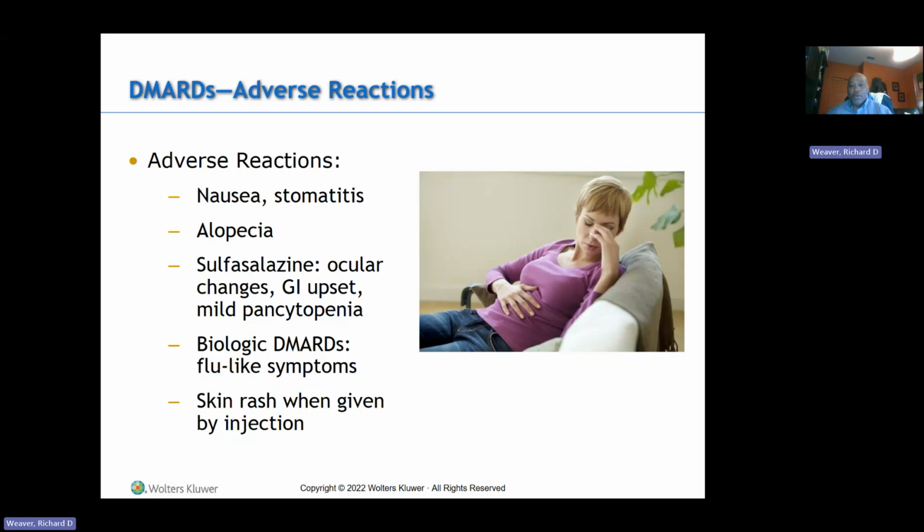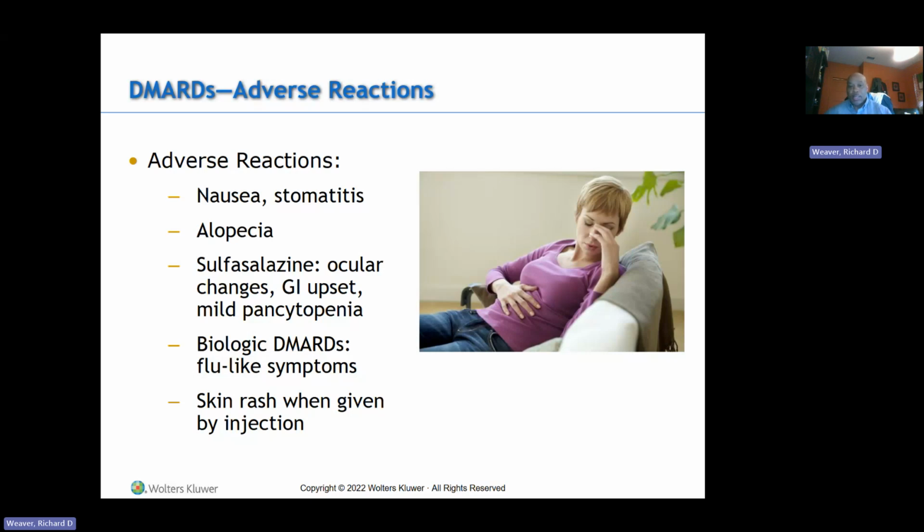Now, the adverse reactions to sulfur-based drugs, such as sulfasalazine, which is one of those DMARD drugs, include ocular changes, gastrointestinal upset, and also mild pancytopenia. Now, the biologic DMARDs also produce flu-like symptoms because they reduce the immune response.